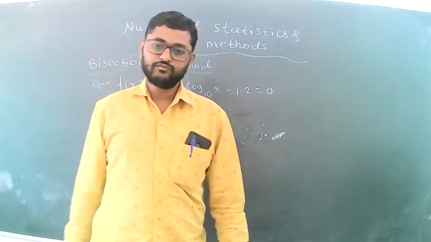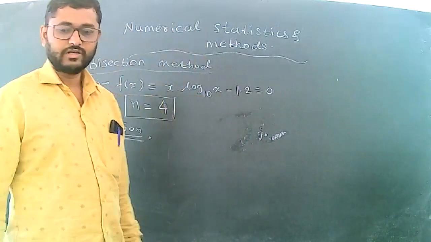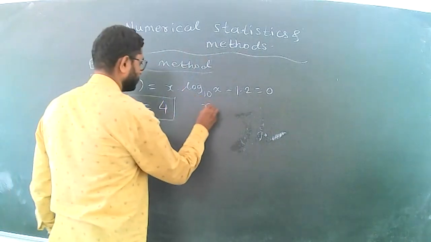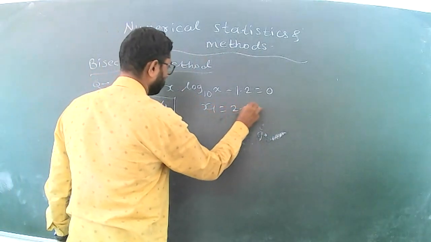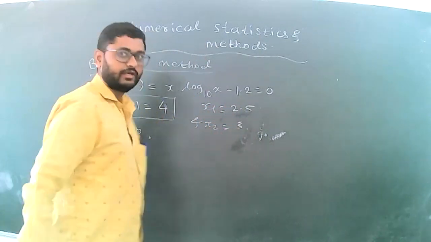So the solution. What is the first step? Here the initial guesses x1 and x2 are given: x1 as 2.5 and x2 as 3.